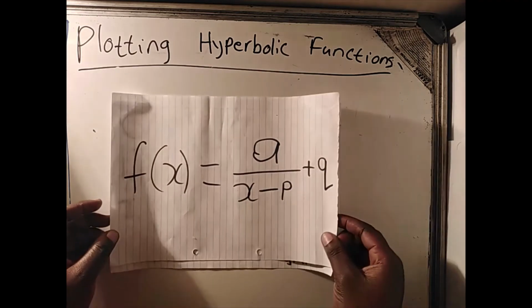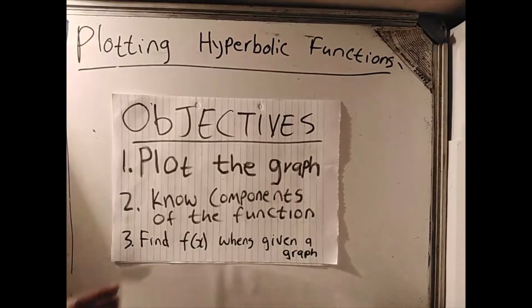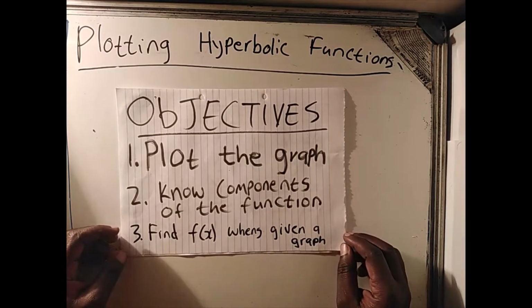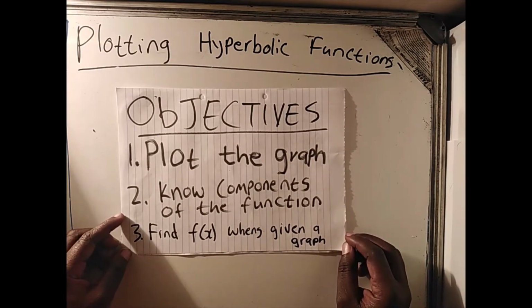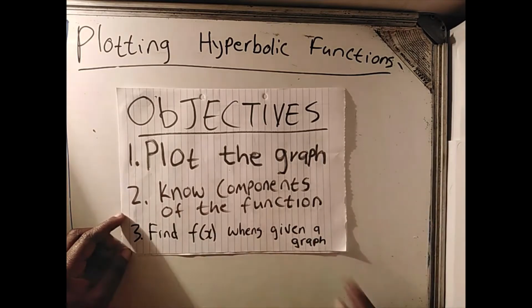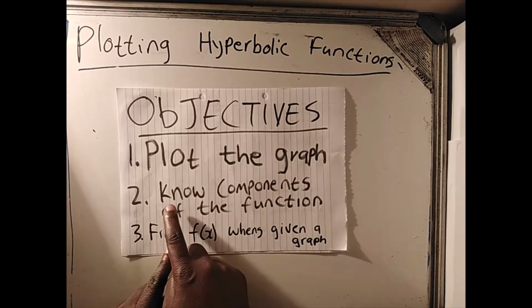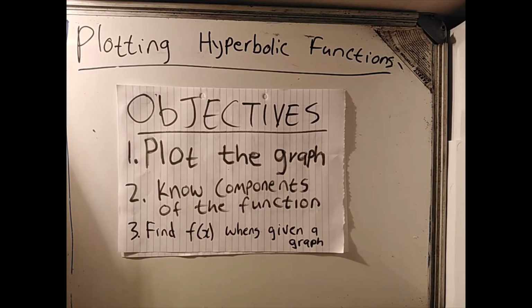So before the session, we want to be able to say at the end of the session, what is it that you want to achieve? Number one, the objective: we want you to be able to plot the graph. Which graph? The hyperbolic graph, or the hyperbolic function. Then you need to know the components of the hyperbolic functions.